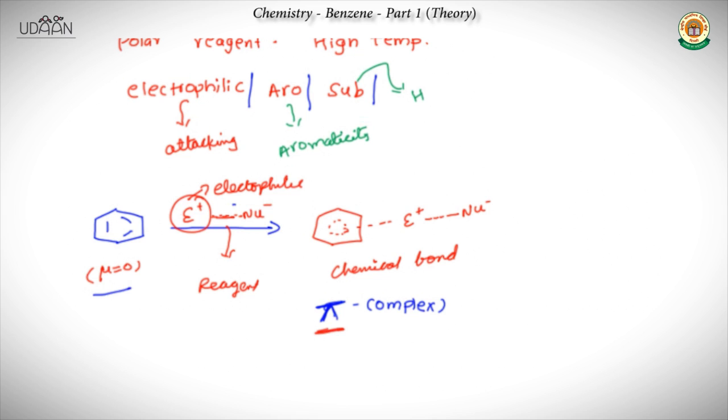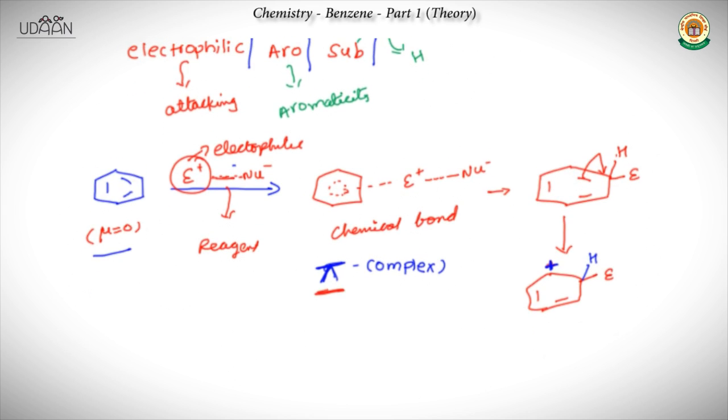And after attack, you will get this one shifting in this direction, and you have hydrogen here and electrophile here. You will get this molecule where you have a positive charge on this carbon, and you have the electrophile here, and you have hydrogen here and a positive charge here.